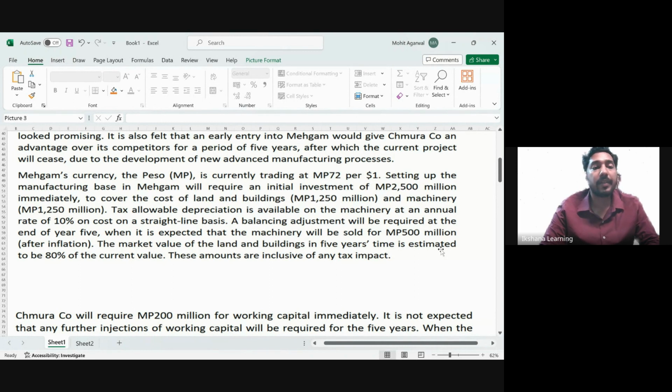Tax liable depreciation is available on machinery only. No depreciation is allowed on building. Machinery depreciates at the rate of 10% on SLM. A balancing adjustment will be required at the end of year 5, when the machinery is expected to be sold for 500, so a balancing charge or balancing allowance is required. The market value of land and building is estimated at 80% of current value, inclusive of tax impact, so you don't have to consider any tax impact.